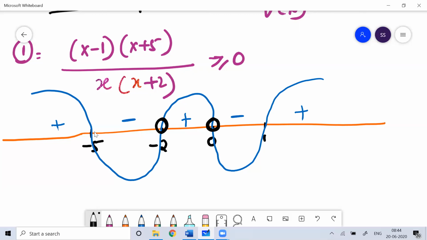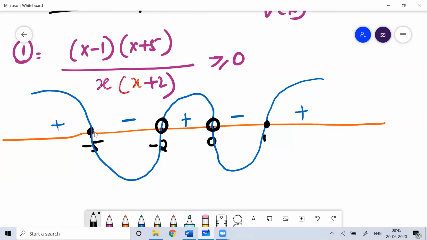If you put x equal to minus 2, the denominator again becomes 0, and any number divided by 0 is not defined. So we cannot include these two values, but we can include this value and this value.